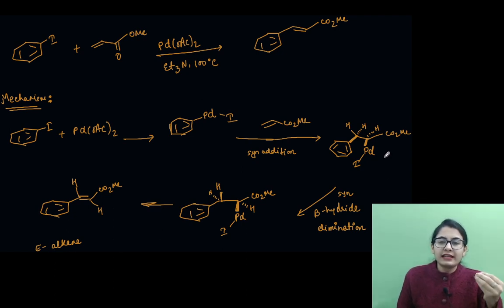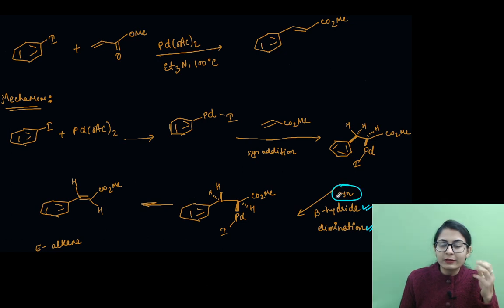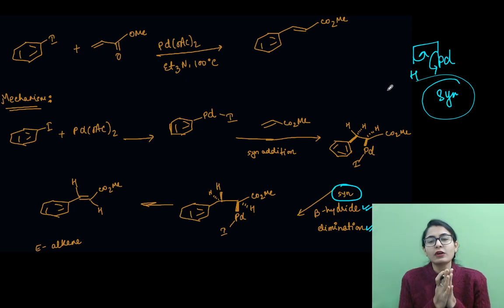After the syn addition has taken place, there is going to be beta hydride elimination. I have already told you this. Beta hydride elimination also has to be syn, meaning you must have the palladium and the hydrogen on the same side. So how are you going to do that? You just added palladium and benzene on the same side.